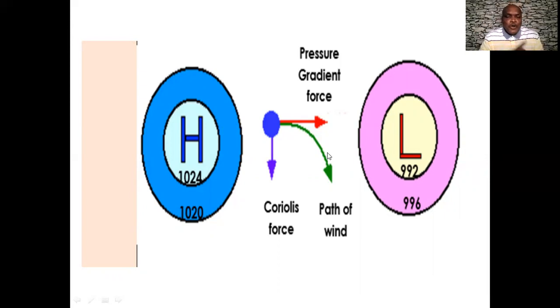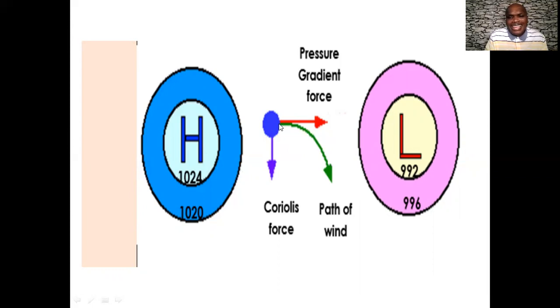But now we have the Coriolis force, which causes all the surface winds to deflect. As the wind is flowing, we have the pressure gradient force and we have the Coriolis force, which is responsible for deflecting the wind, or making the wind change its direction. That is why it results in this diagram which we have here.